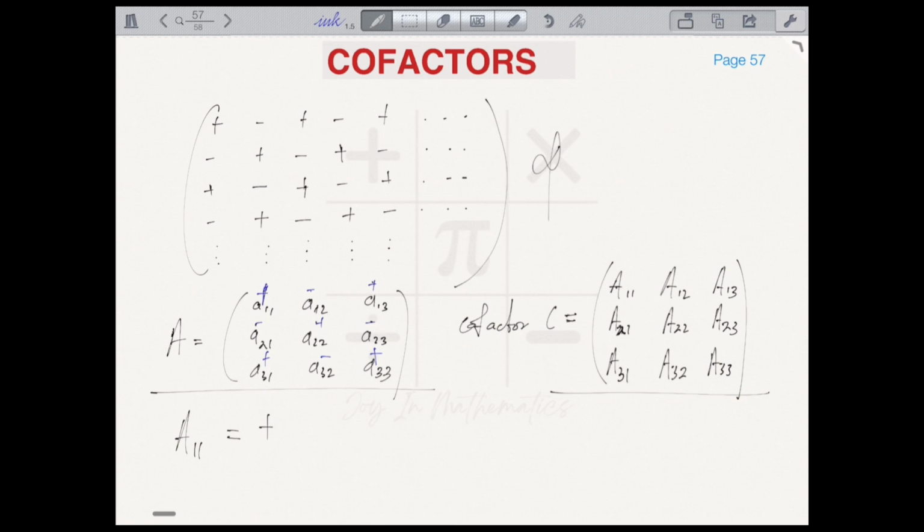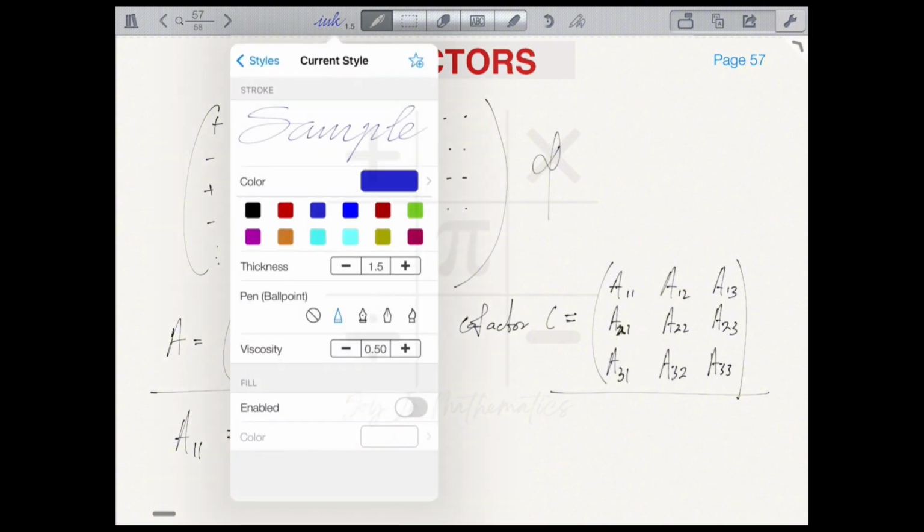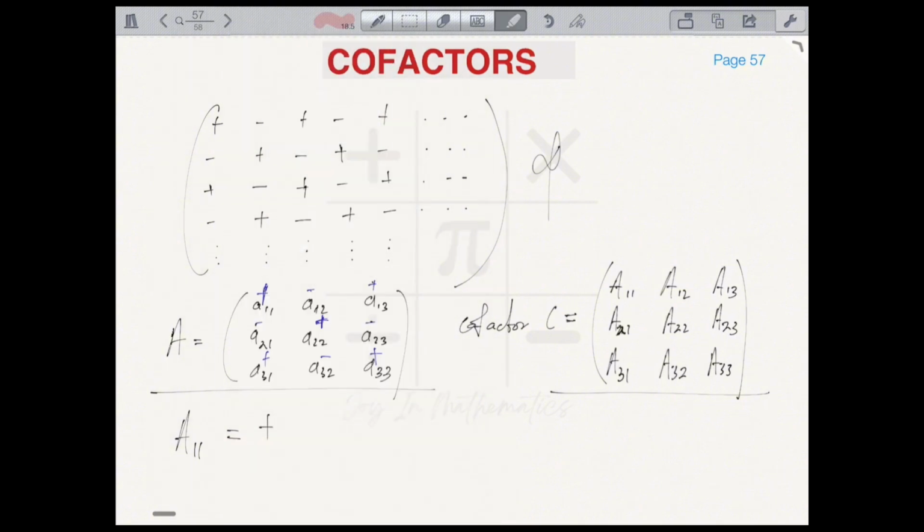Positive. And just as we did in determinants of a 3 by 3 matrix, highlight it horizontally and vertically. We are left with A22, A23, A32, and A33. Then we write it and say this is A22, A23, A32, and A33.